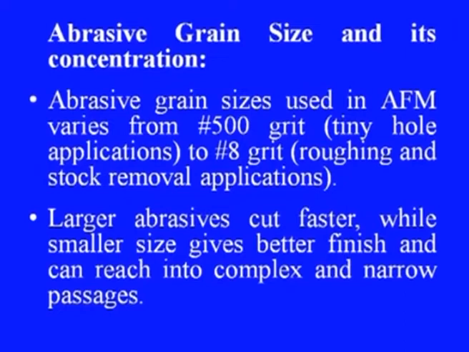Larger abrasives cut faster, as always with abrasive machining processes, while smaller sizes give better finish and can reach into complex and narrow passages. Generally, for finer finishes, we use finer abrasive materials without bothering about the material removal.